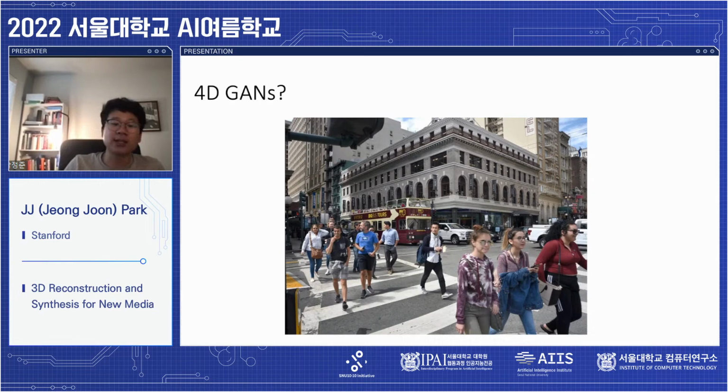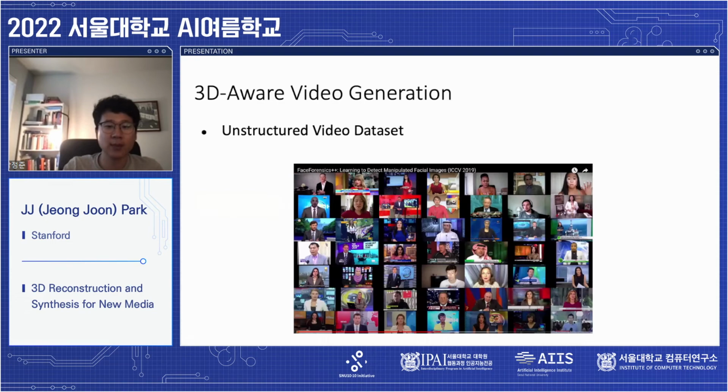So the question is, can we train a 4D GAN from unstructured videos with similar technique that I used in 3D GANs? So in this work, which I recently submitted, we demonstrated the training of the first 4D GAN. The following three changes we made from the 3D GANs.